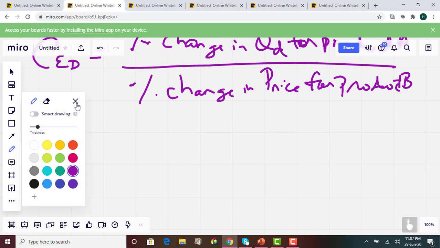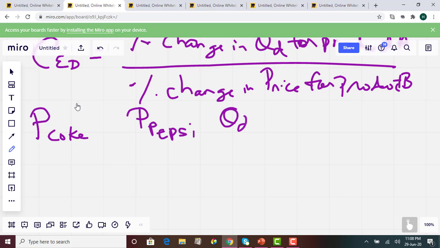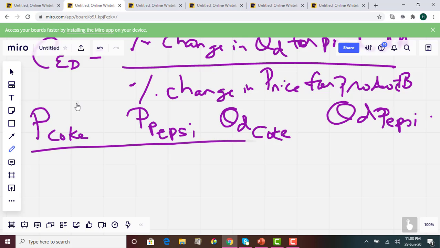Now let me do a math problem so it is very clear to you guys. We are given the price of Coke, the price of Pepsi, the quantity demanded for Coke, and the quantity demanded for Pepsi. So we have 4 columns in the table.